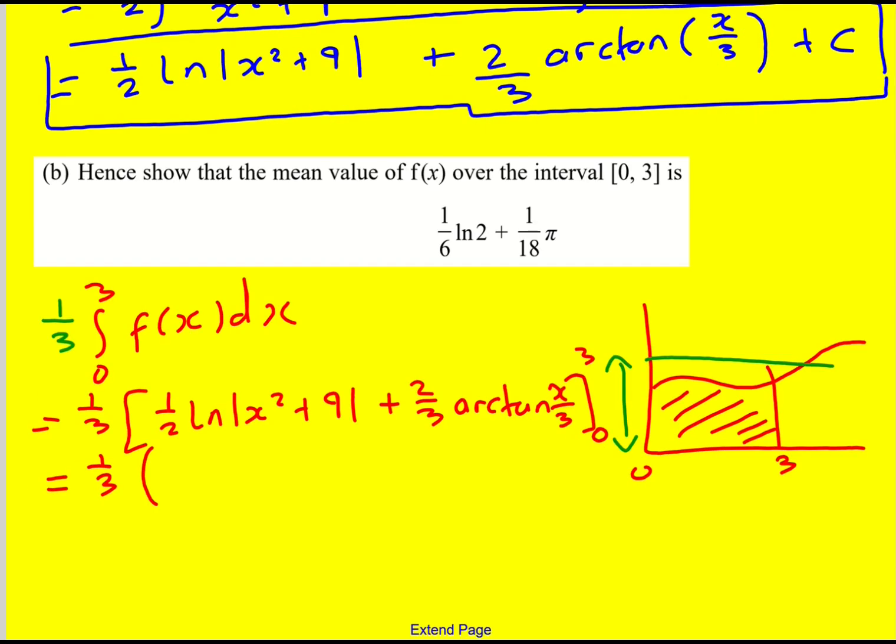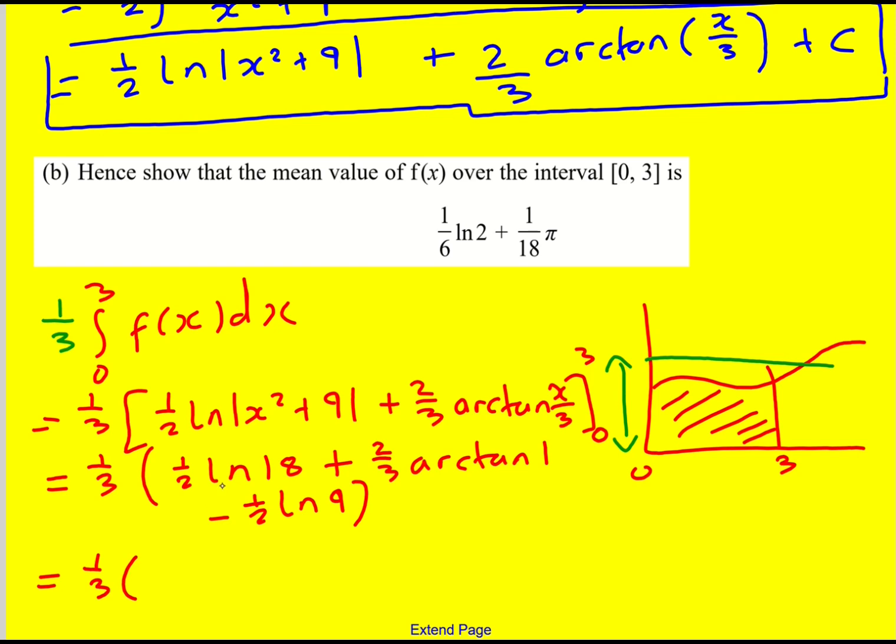Okay, let's sub in 3. We're going to get a half ln 18 plus 2 over 3 arctan of 1. Then I'm going to minus a half ln 9, and then minus 2 over 3 arctan of 0, but actually that's just 0.